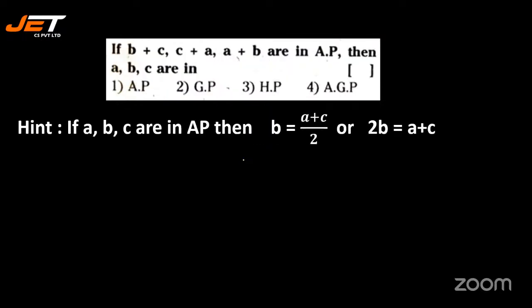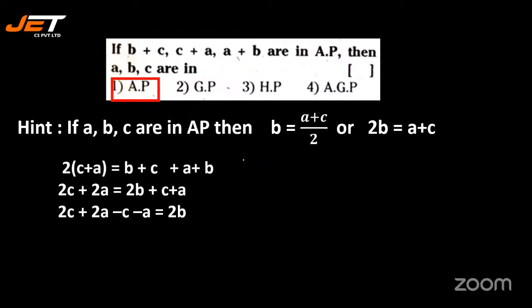A plus B, B plus C, C plus A are in AP. Then A, B, C are in AP, GP, HP, or AGP? If A, B, C are in AP, then B should be equal to (A plus C) by 2. So 2B is A plus C. So it must be in AP.